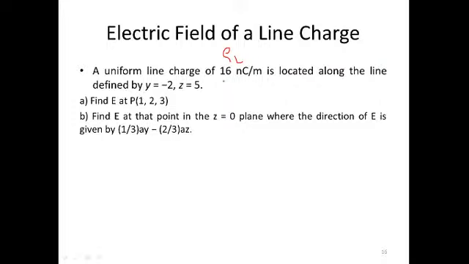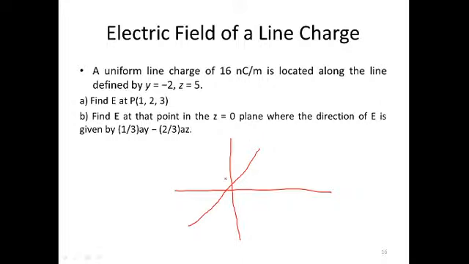Now this is the magnitude, and what is the orientation? The orientation is defined by y is equal to minus 2 and z is equal to 5. As we have the use of y and z, let us consider the rectangular coordinate system. Let us assume that this is the vertically oriented z axis, the horizontally oriented y axis, and mutually perpendicular to the two, we have the x axis.